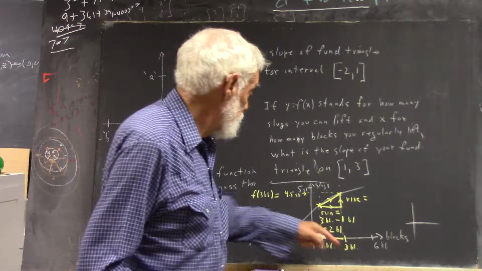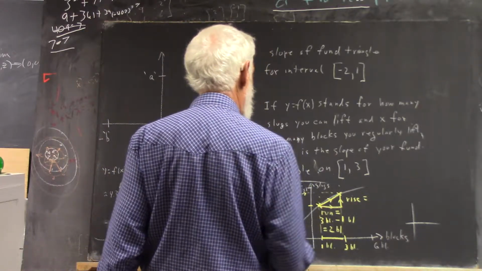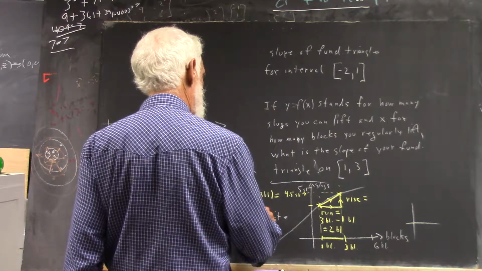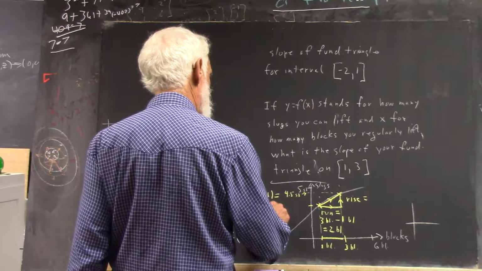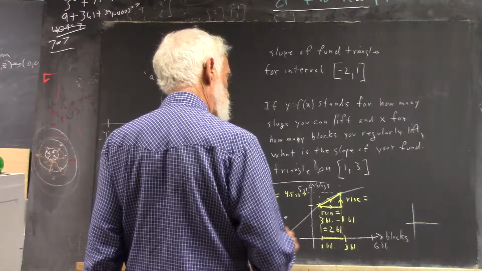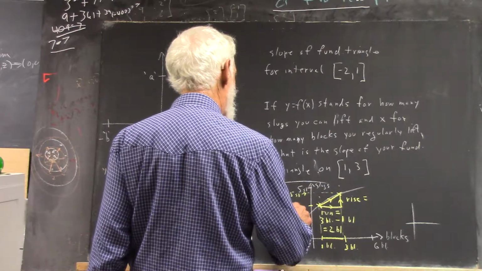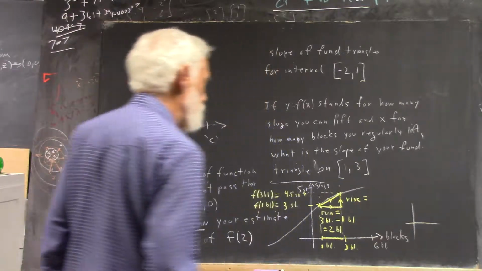And these will be blocks and these will be slugs. And then here we've got F of 1 block equals, well, if that's 5, then that looks like about 3. Okay?